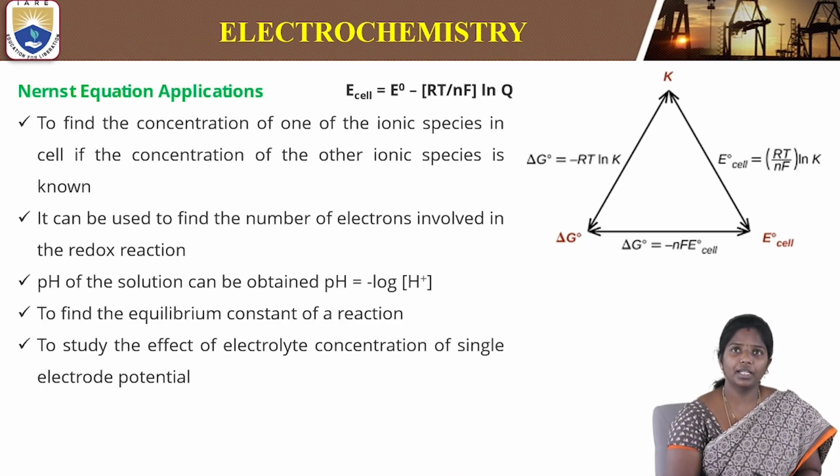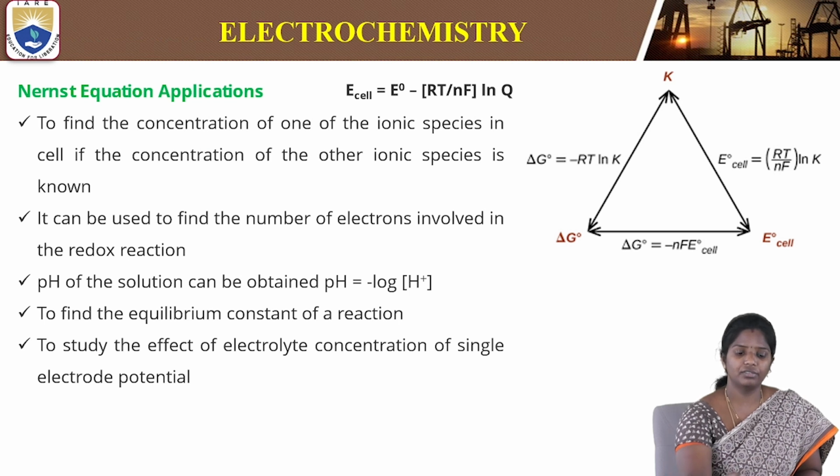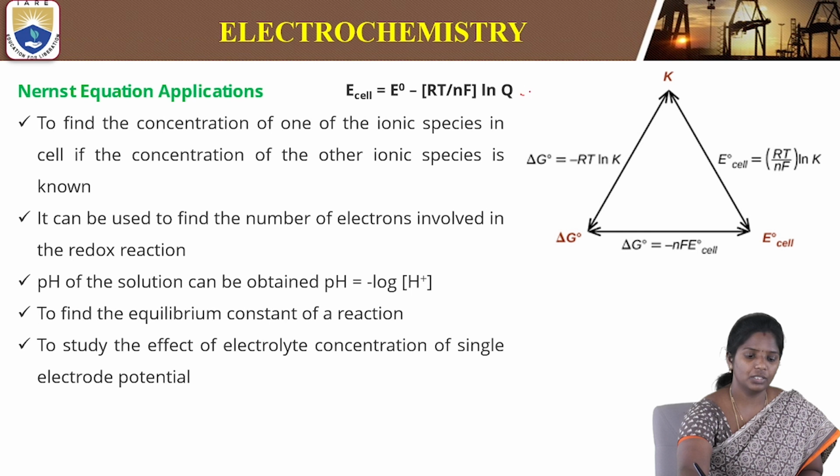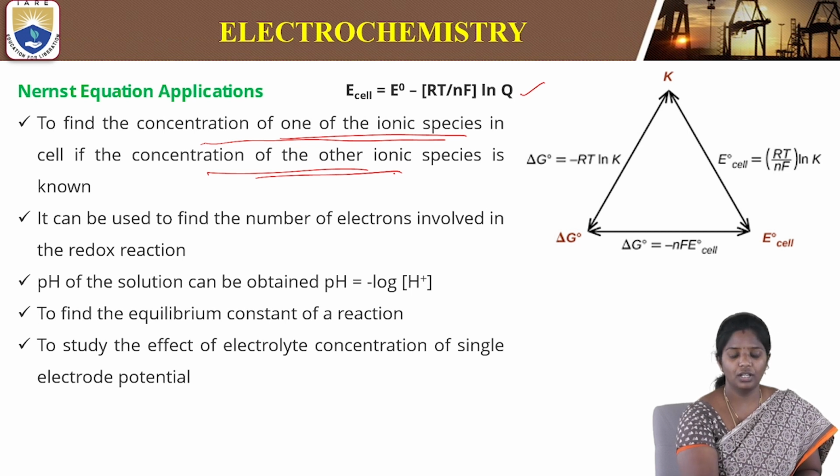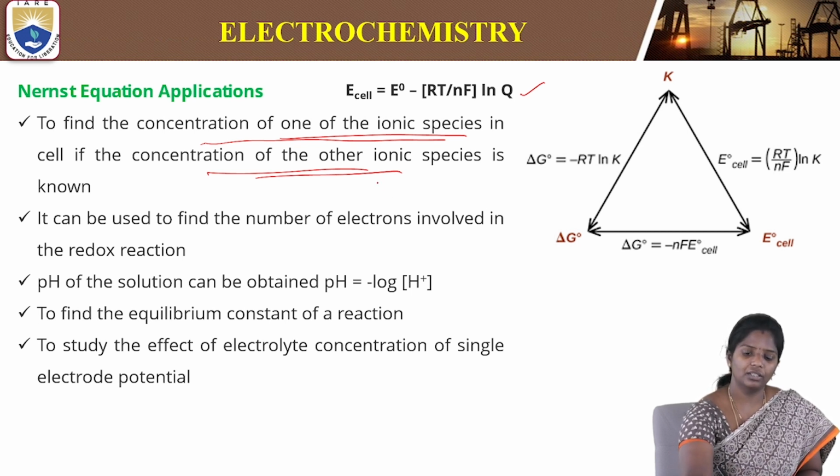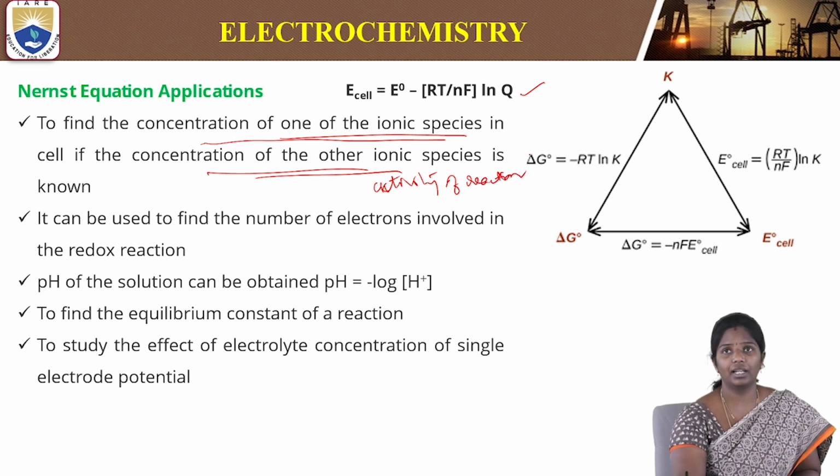So there are some other applications, and this is a summary of applications of the Nernst equation. If we consider this equation, the concentration of one species can be calculated if the concentration of the other species is known.